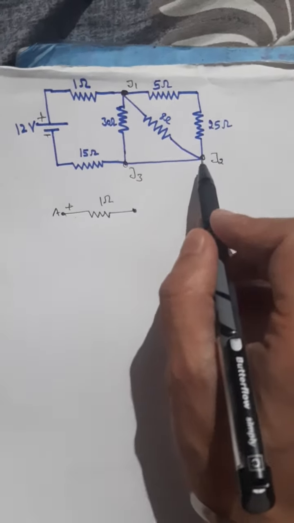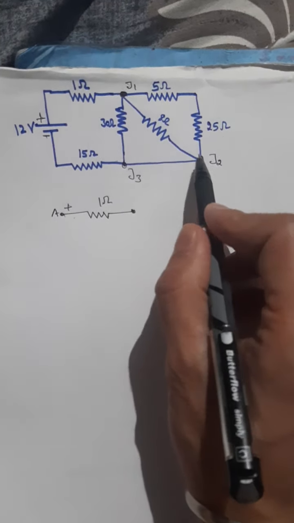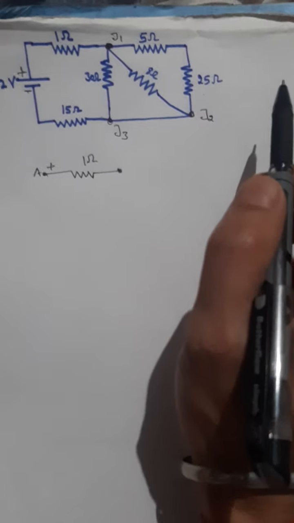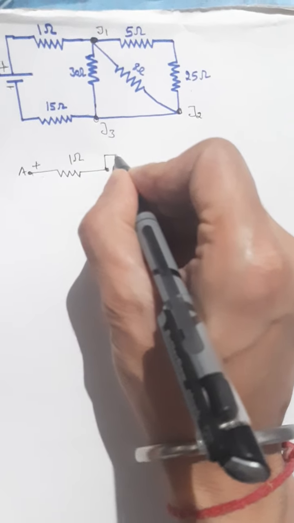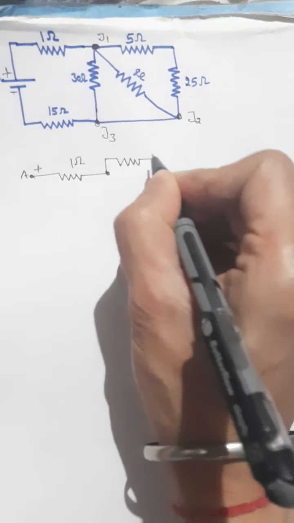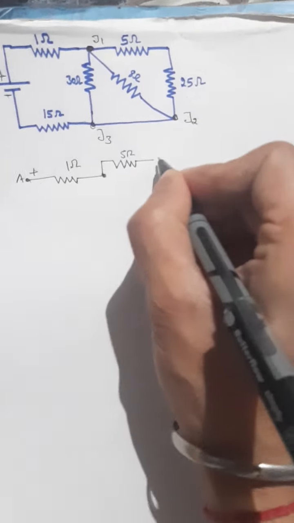Between J1 and J2, the 5 ohm and 25 ohm resistances are in series. So we will draw 5 ohm and 25 ohm.